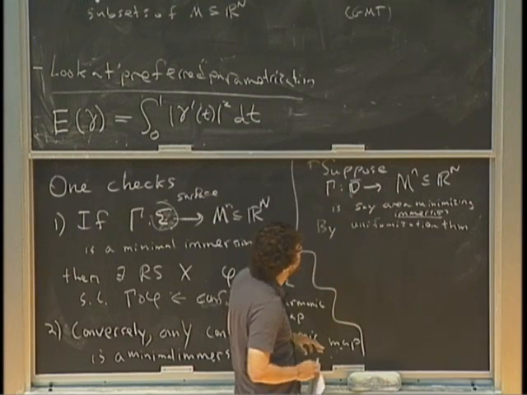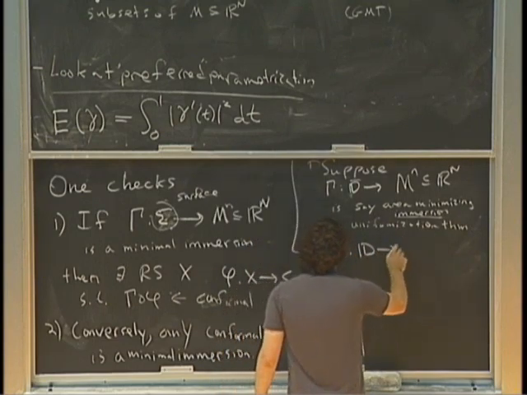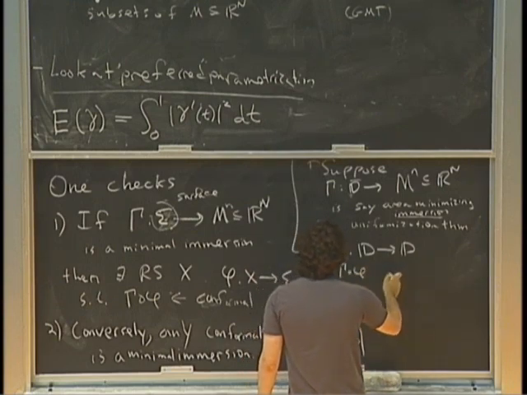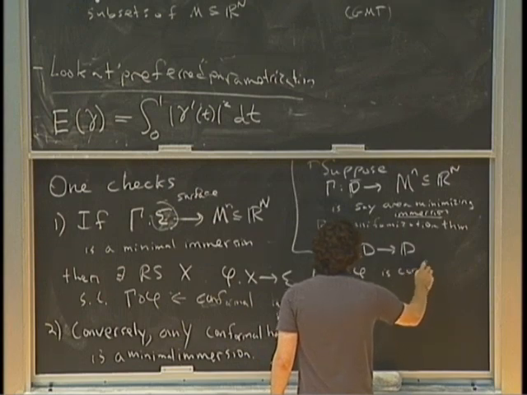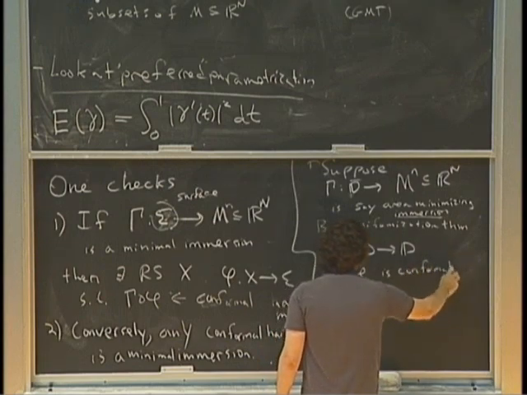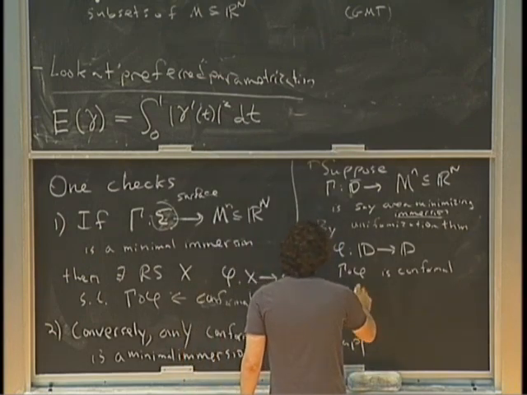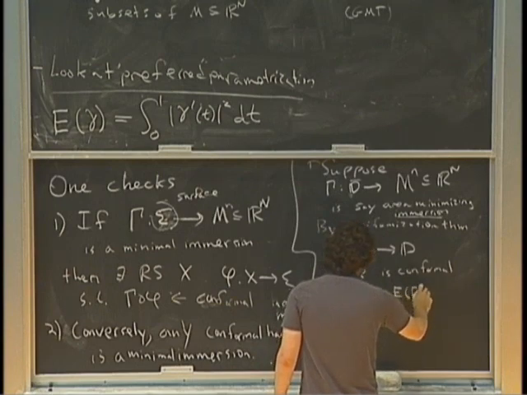So by the uniformization theorem, there exists a phi that takes D to D such that gamma of phi now is conformal. So the point now is that the area of gamma is equal to the energy of gamma composed with phi.